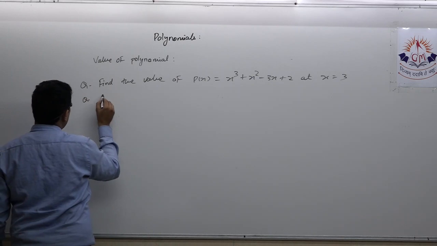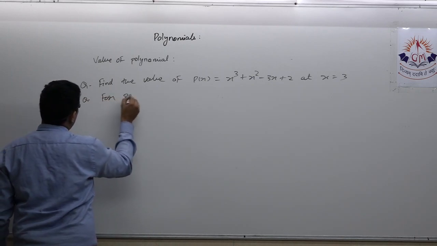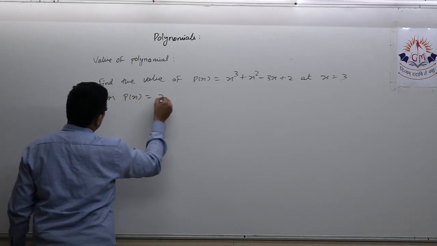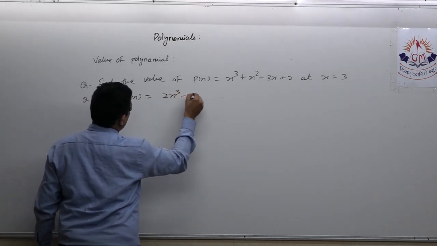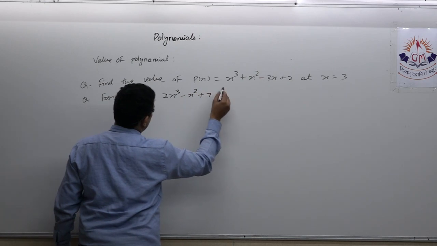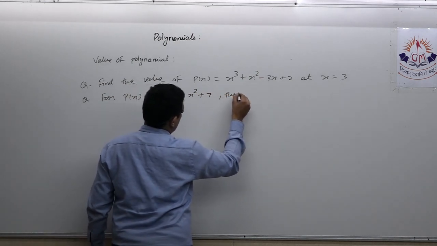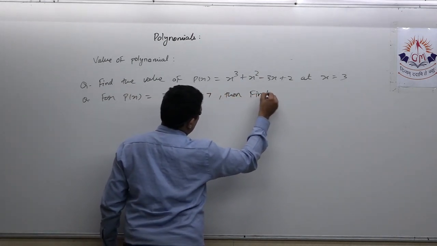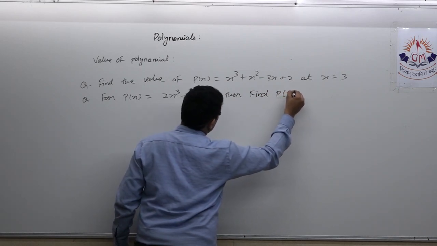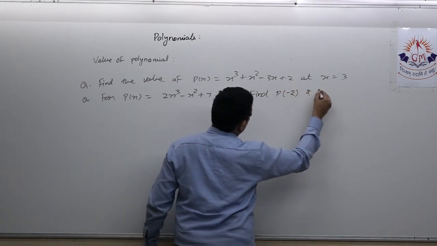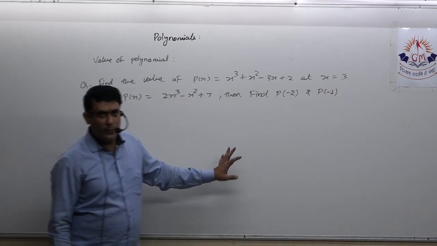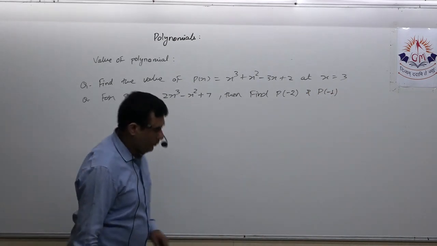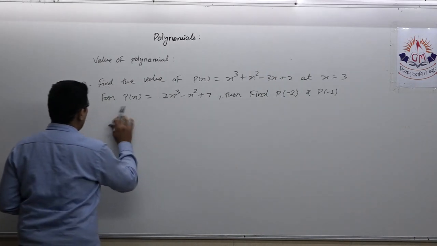One more: for P(x) is equal to 2x cube minus x square plus 7, find P of minus 2 and P of minus 1. These are the two types of question that can be asked on the value of polynomial. So let us see the solution of the first.